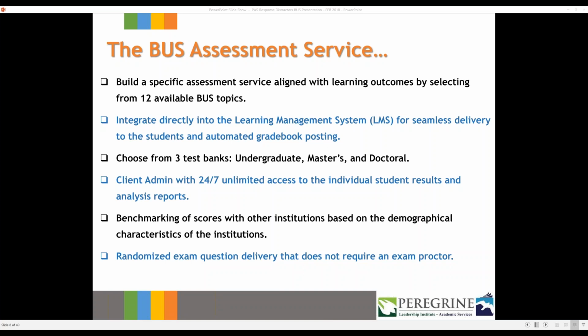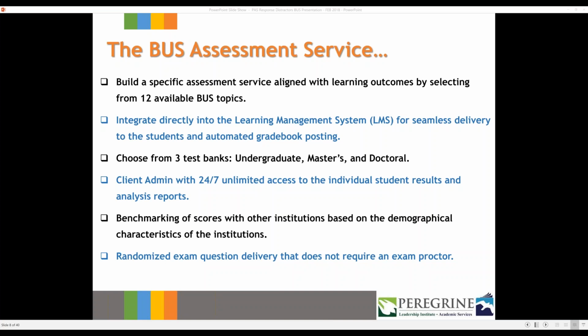Now, client admin is available to you, so you get access as an administrator, 24/7 access, and you will be able to access not only your individual student registration information, but also live results and data.